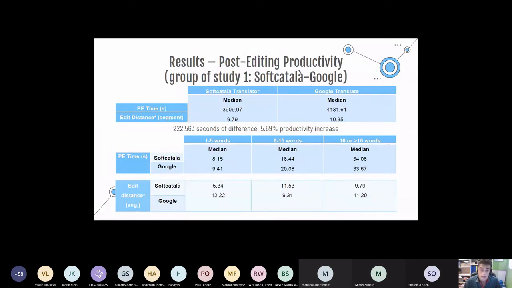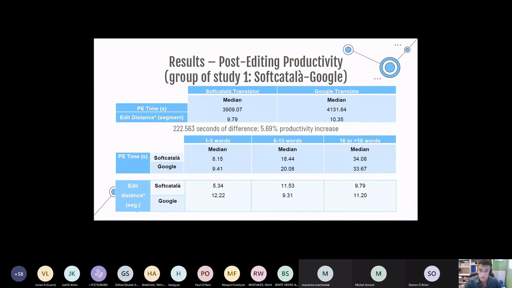We can also see that in edit distance, if the number is closer to 0, we have to do less amendment rather than with Google Translate. And in this data, edit distance, the data with asterisks are statistically significant. So that means that edit distance is statistically significant in this study, but not post-editing time.